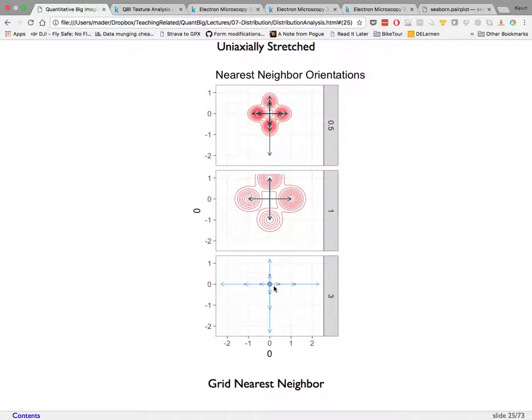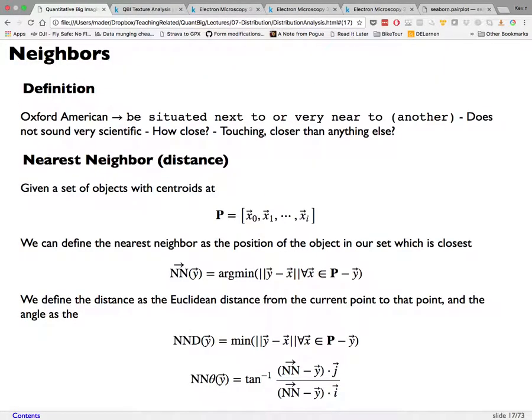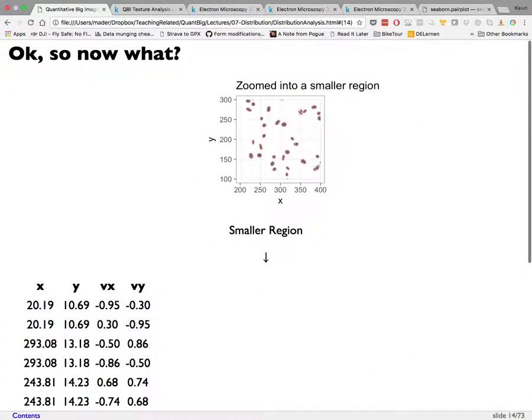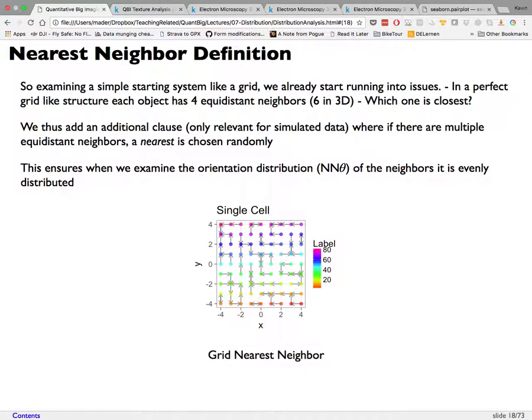Why would you do this? The idea is that we have a collection of tools that we've gathered: nearest neighbor distance, density, this angle. What are the other ones we have? We need to know how these tools are useful. When you calculate a Voronoi tessellation on your image, it will give you some result.